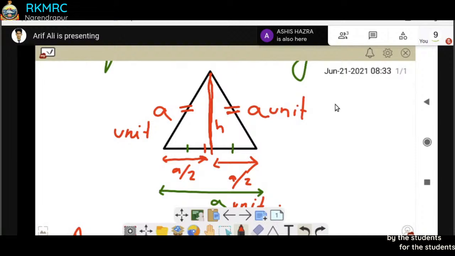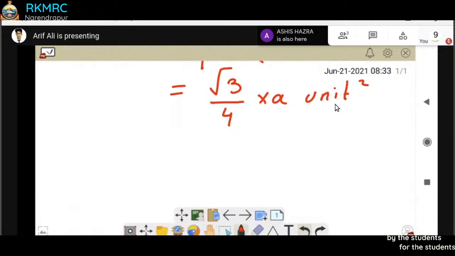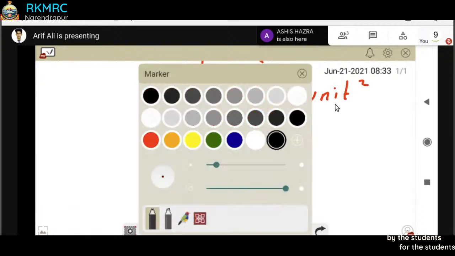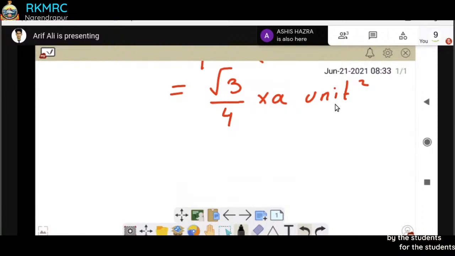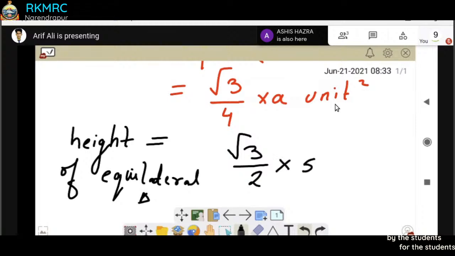If you are asked to calculate this h, so height of equilateral triangle, which is root 3 by 2 into side, just this side.